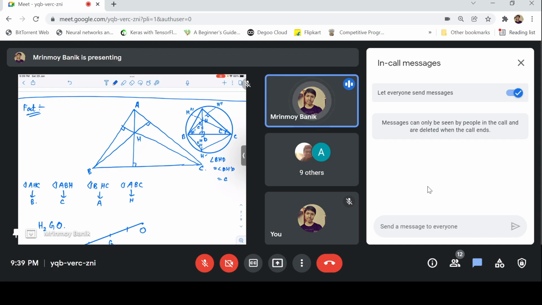As they are the same angles, extend the chord BA. It subtends an angle of C at the circumference at both point C and point H bar. So H bar lies on the circumcircle.